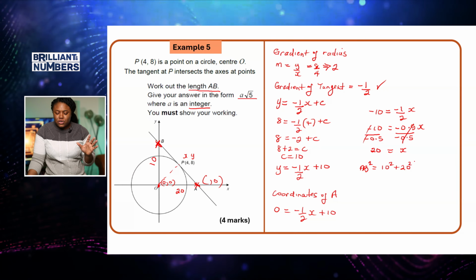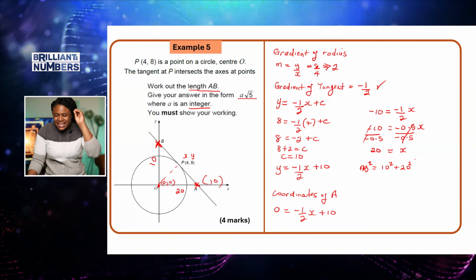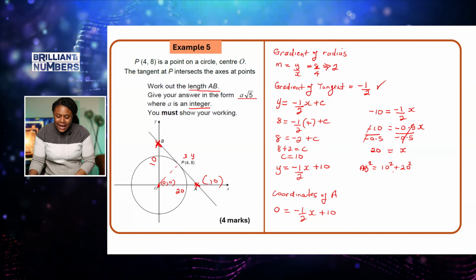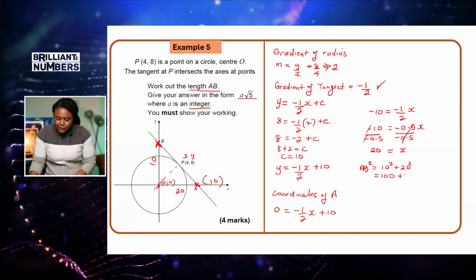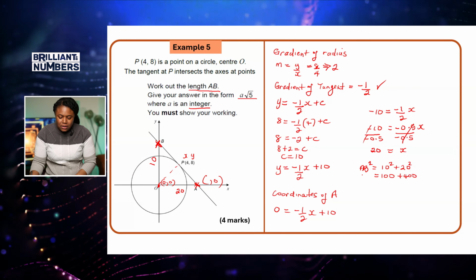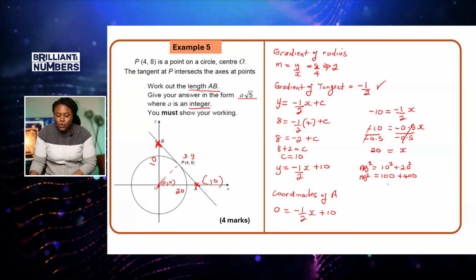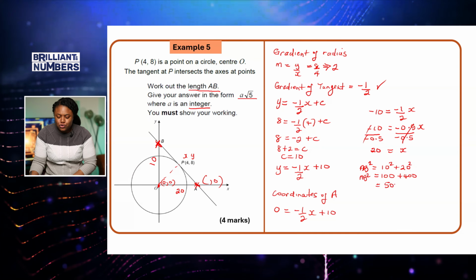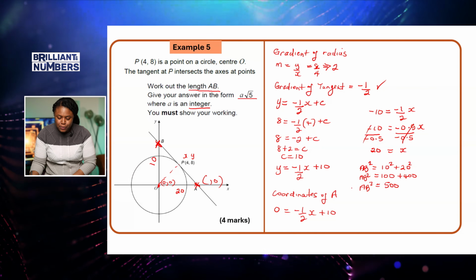Again, if it's a non-calculator paper, multiplication skills are essential here. So 10 squared is 100, 20 squared is 400. So AB squared is equal to 100 plus 400, which is 500. Remember, I now need to find the square root of both sides.